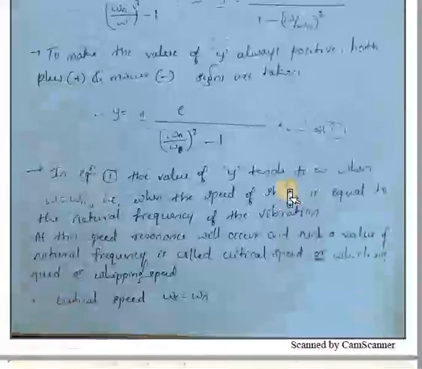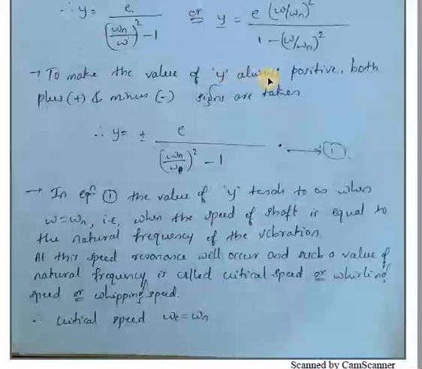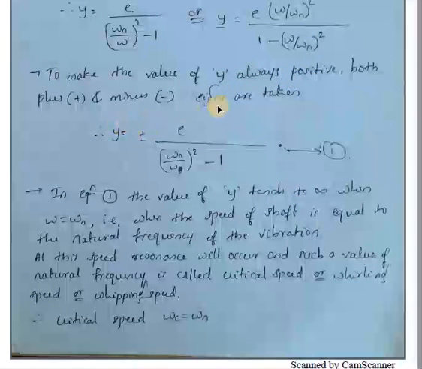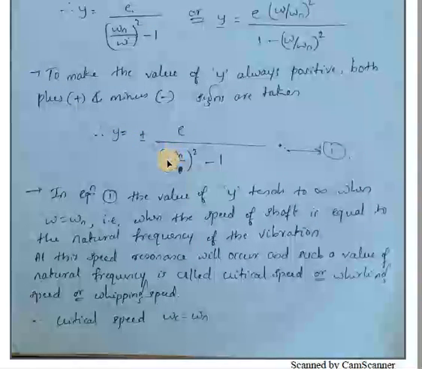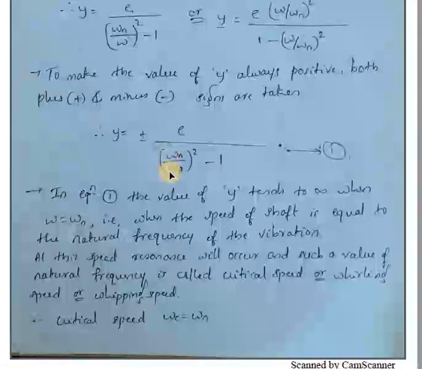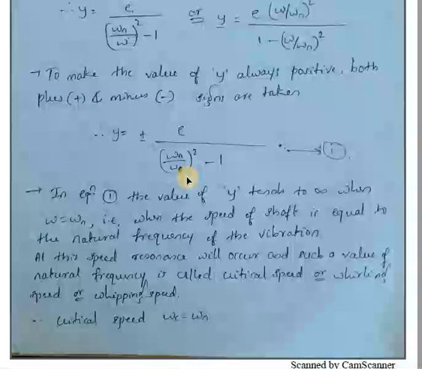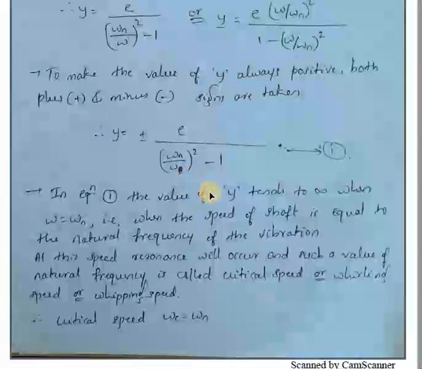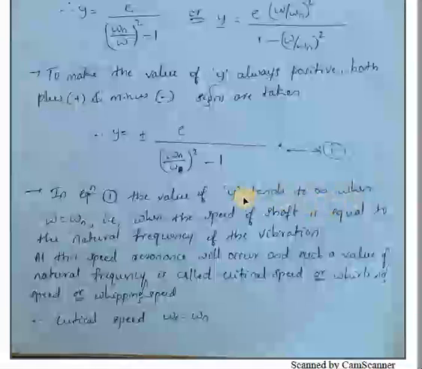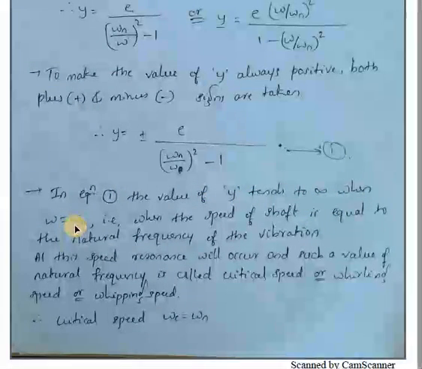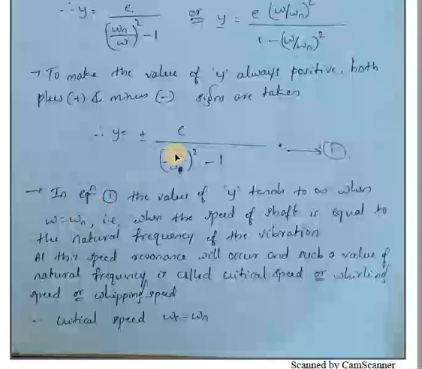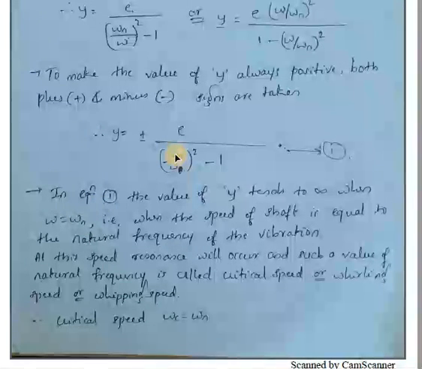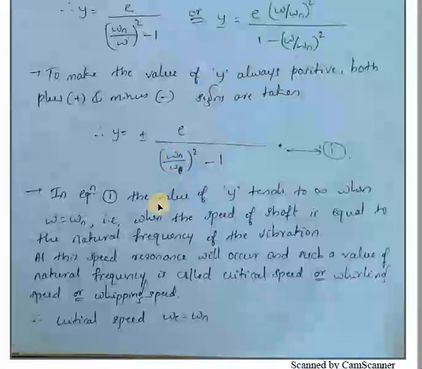Now, to make the value of y always positive, both plus and minus signs are taken. So y equals plus or minus e divided by ((omega n by omega) square minus 1). In this equation, the value of y tends to infinity when omega equals omega n, because in that condition the denominator becomes 0, so it tends to infinity.